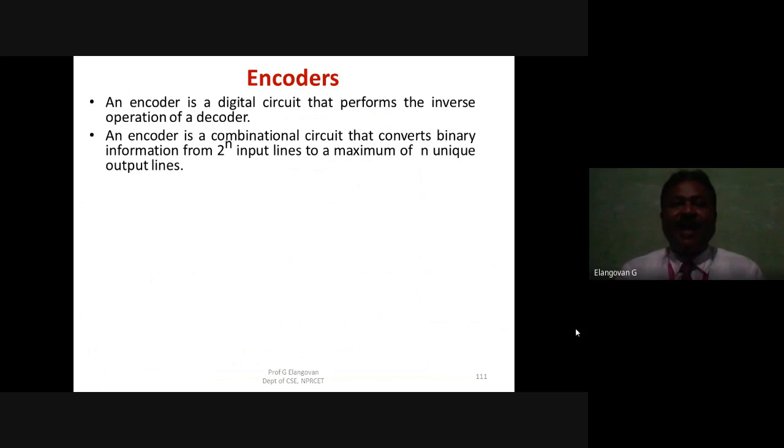It can have a maximum of 2 power n combinations of inputs, and it can generate n unique output lines. So if you have 2 power n combinations of inputs, it can generate n output lines.